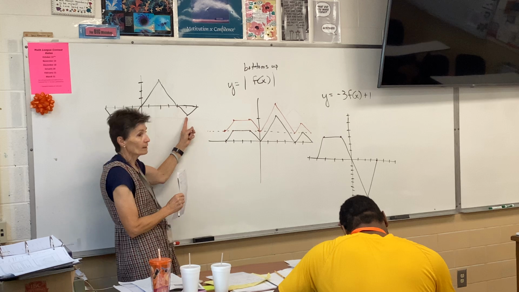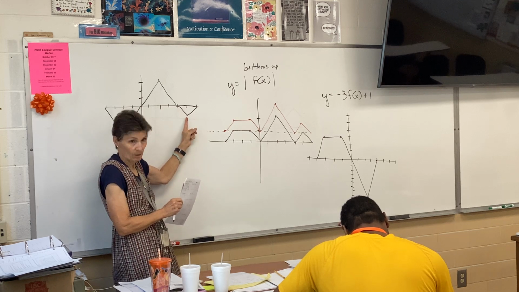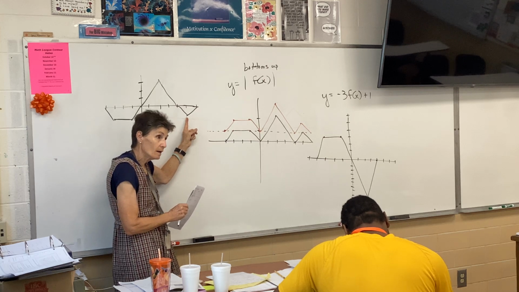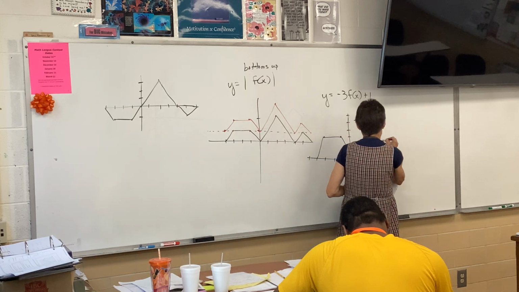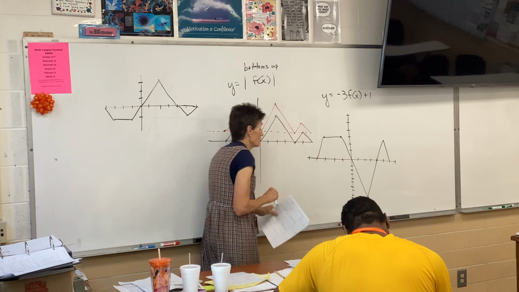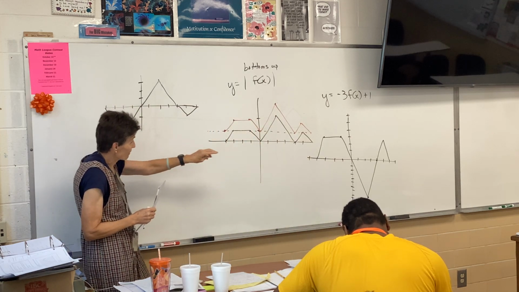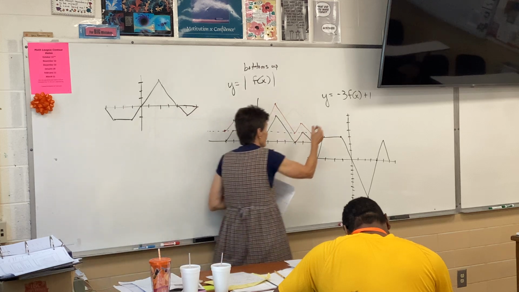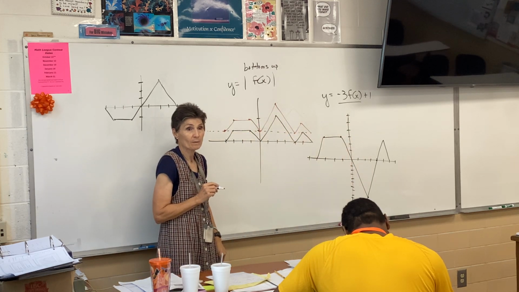And what about this little one? In the original, he's down 1, so he's gonna be up 3. Now we're not done yet with the problem, but is everybody okay with this part of it? We okay with that?